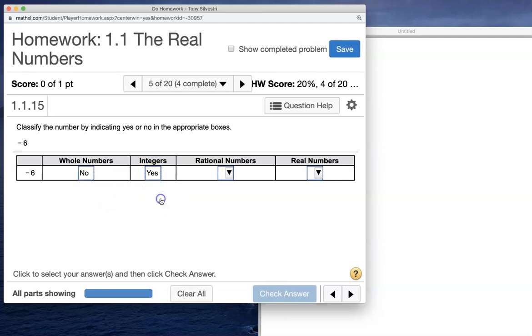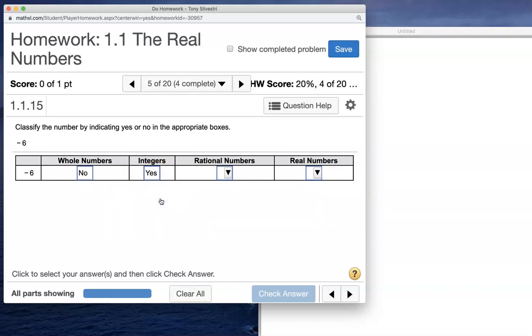It is an integer. Integers take into consideration negative and positive numbers and 0. But they can't have decimals. They can't have any fractions associated with them. It is a rational number. A rational number is a fraction. You say, well, Professor Silvestri, I don't see any fraction here.